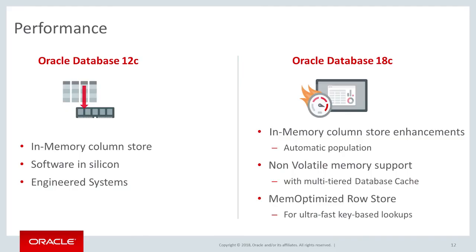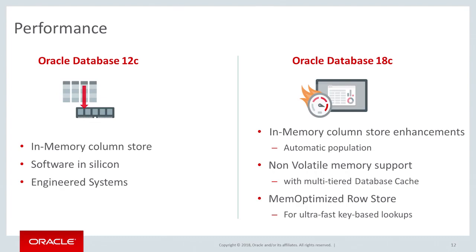We've also engineered Oracle Database 18c to take full advantage of non-volatile memory when it becomes available from the Intels and the Samsungs of this world. So that's effectively going to extend the hierarchy of database storage from DRAM to NVRAM to solid state storage to spinning storage to archival storage, and we can automate the movement of that data as the activity changes across that data.